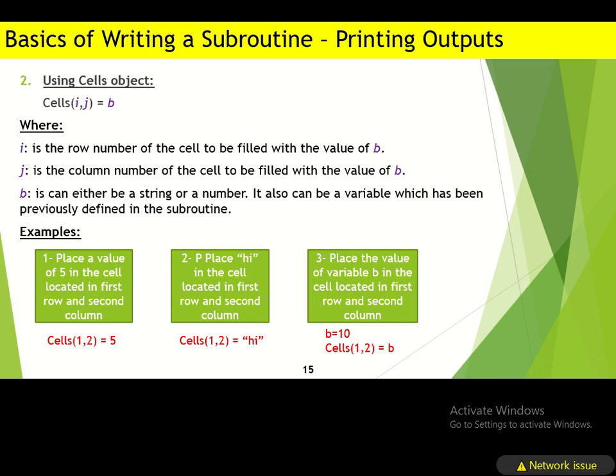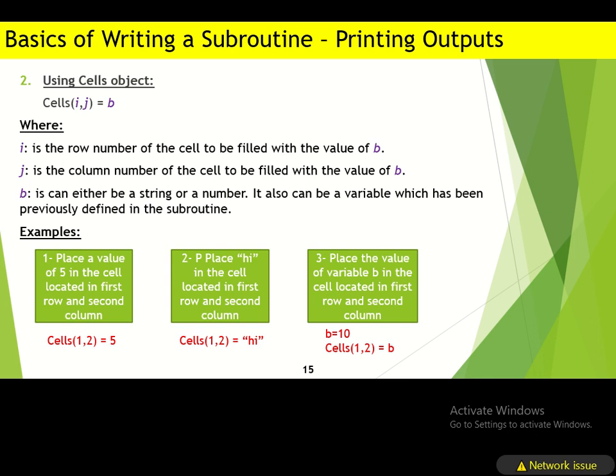Now, if you look at the Excel sheet, do the columns have numbers or alphabets? Alphabets. So the problem with this one is you have to give a number here. So A1 will be 1, 1 and A2 will be 2, 1. You have to do this in your head, or count it in the Excel sheet.